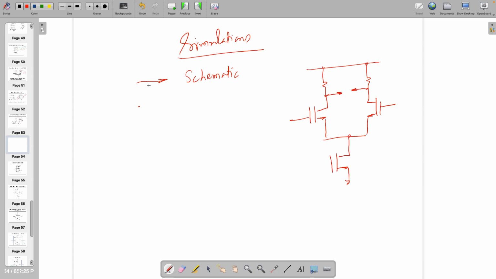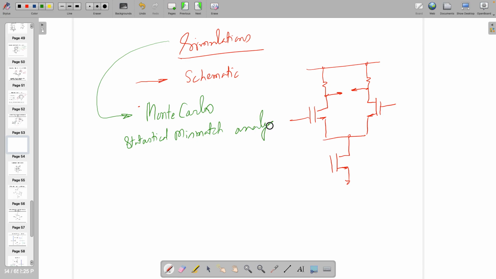But there is another simulation known as Monte Carlo, also known as statistical mismatch analysis, where there is mismatch between both sides.